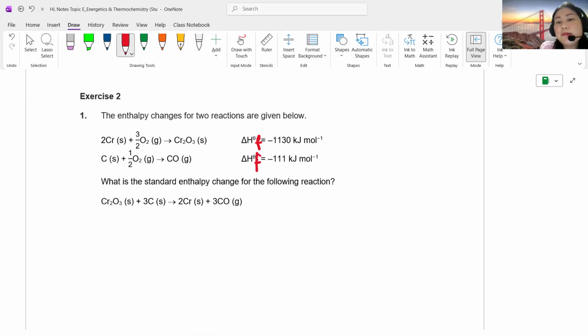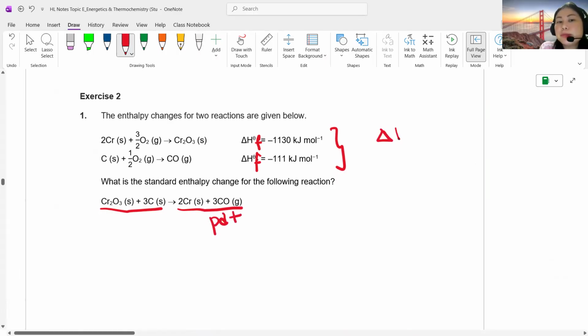So I am given formation data to find the enthalpy change of a reaction. Let's look at this reaction. On the product side, I have chromium and CO, but I don't have delta H for chromium. This delta HF of minus 1130 is the delta HF of Cr2O3.